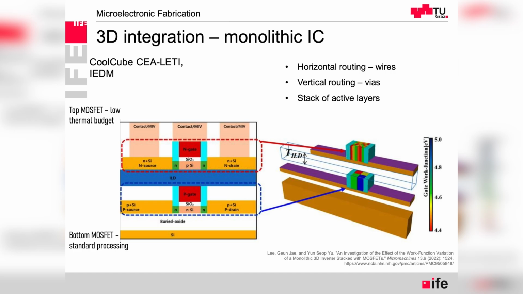Technologically, it's already very complicated, and there might be some reasons why it is in that order. But generally it's fixed: the lower layer is one type of transistor, and the higher one is, let's say, N-channel. Then there is also horizontal routing and vertical routing, where the connection between the stack is the vertical routing, and the horizontal is just as usual.